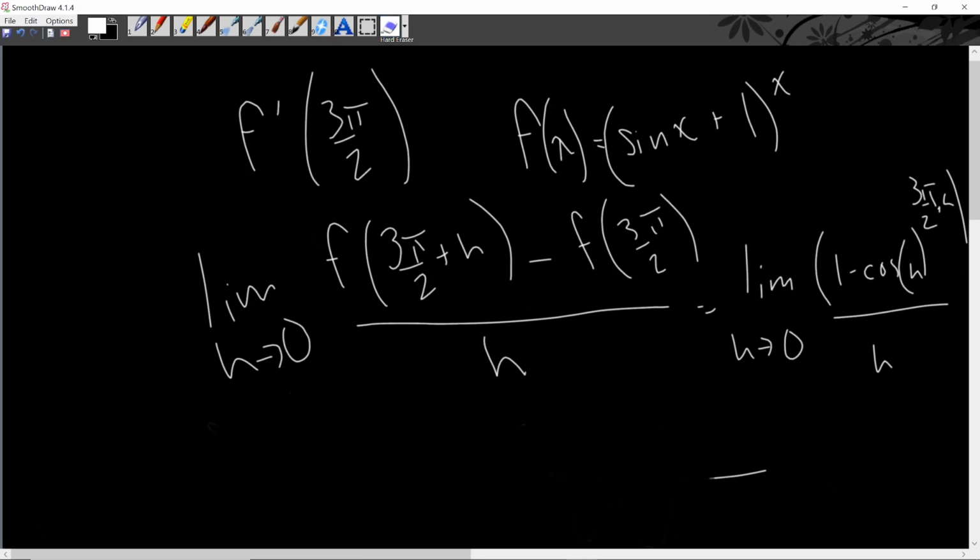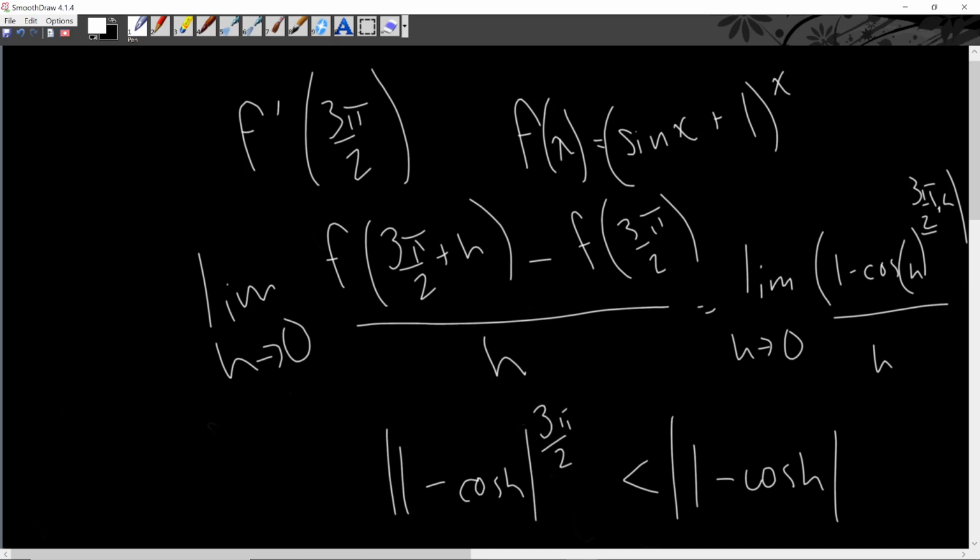So from here, you have this very nice limit, and we need to do that squeeze theorem, right? We know that 1 minus cosine h must exceed this, because this is a fractional exponent, 3 pi over 2 plus h. So this must be greater than 1 minus cosine h to the 3 pi over 2 plus h, and then is less than 0.